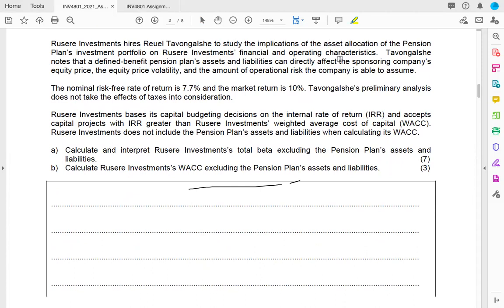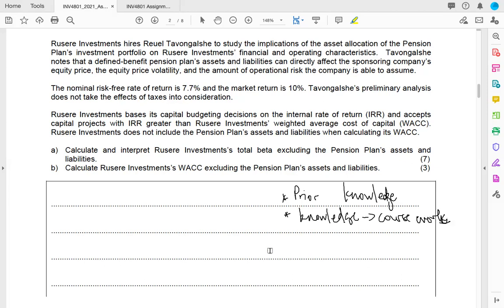For example, an assignment might touch on your prior knowledge on finance and investments. It can also touch on knowledge from the coursework, and it can even touch on knowledge from other modules which are part of the honors modules.